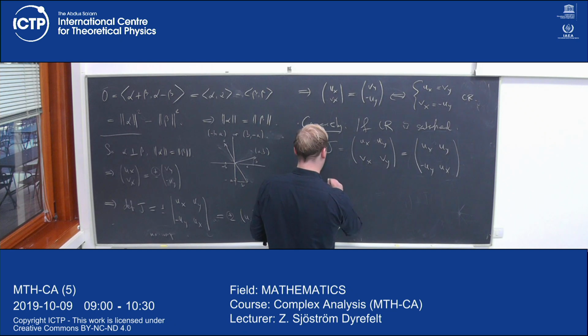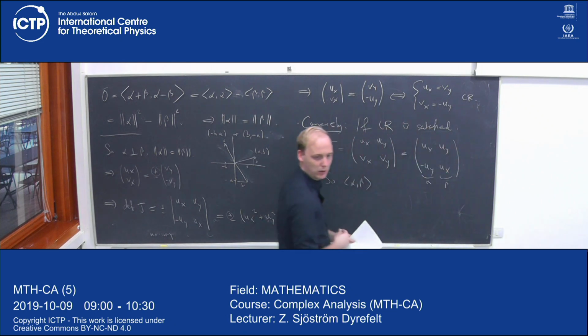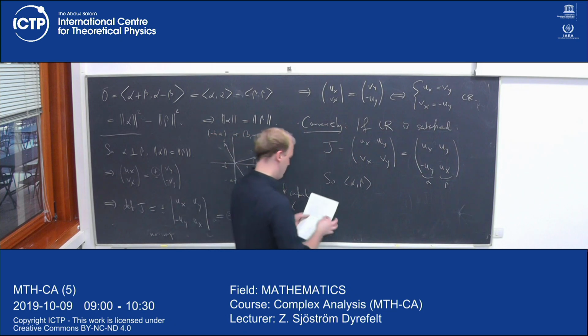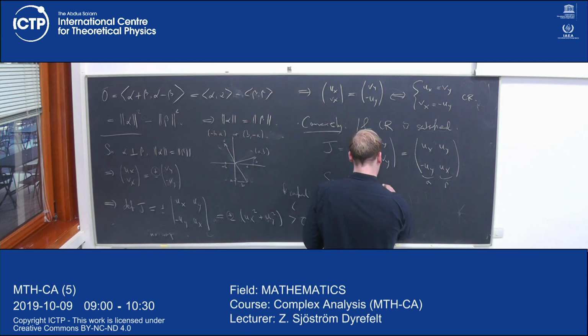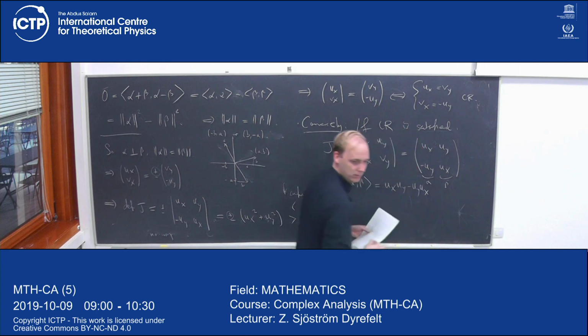First of all, we call these alpha and beta. Alpha and beta are these column vectors. So the scalar product of alpha and beta is equal to ux, uy, minus uy, ux.